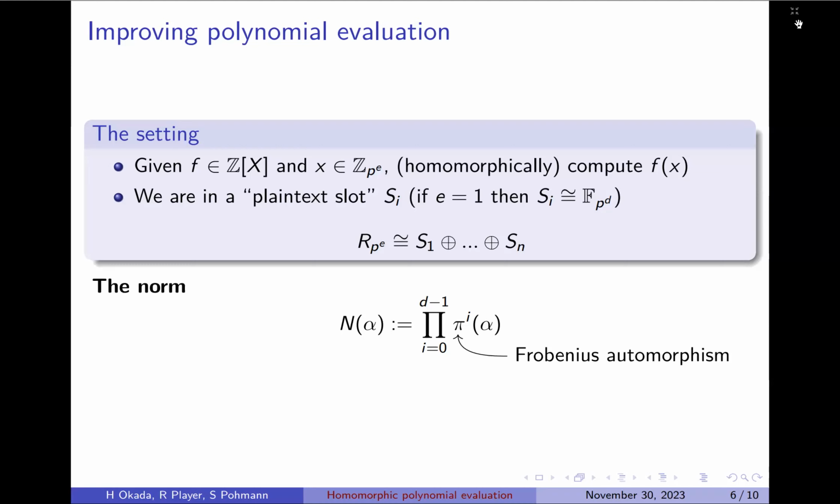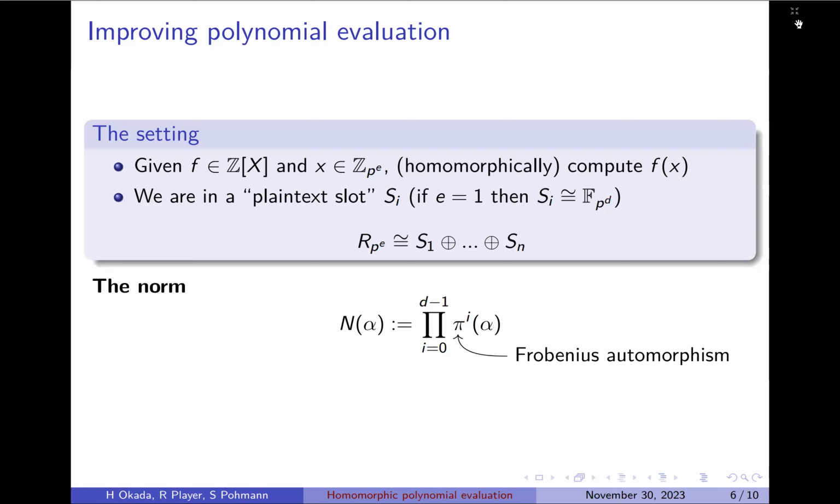However, in our case, this high algebraic rank we get for free because it's provided by the homomorphic encryption scheme. And so it makes sense to ask the question if we can use it to do better than previous techniques.